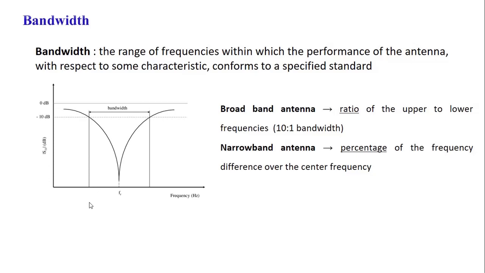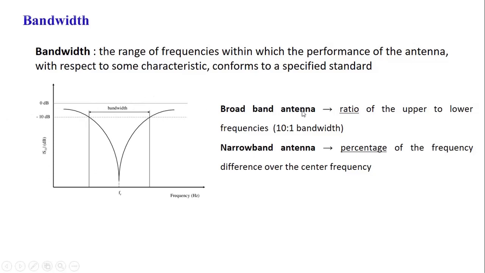So bandwidth can also be considered to be the range of frequencies on either side of the center frequency where the antenna characteristics are within the acceptable range or the acceptable values of those at the center frequency. So if this is the center frequency, this is the range in which the antenna parameters conform to have the specific characteristics. So this is termed as bandwidth.